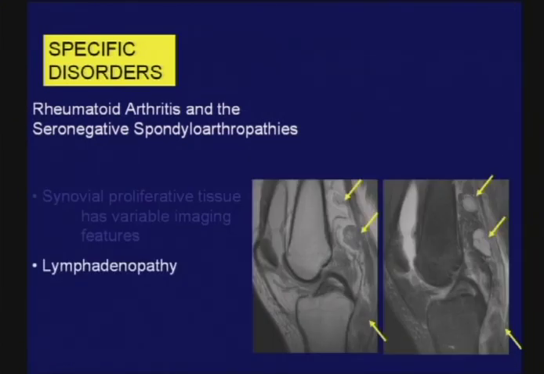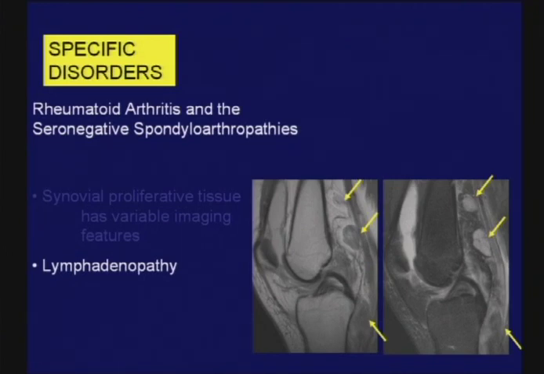One of the findings that we occasionally see in patients with rheumatoid arthritis and other inflammatory diseases is lymphadenopathy. I've seen this most typically in the posterior aspect of the knee. I've seen it also most commonly in juvenile rheumatoid arthritis as opposed to adult onset.